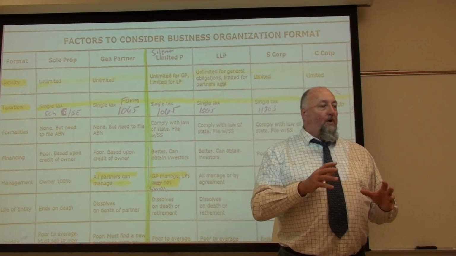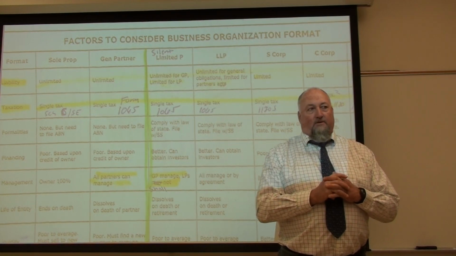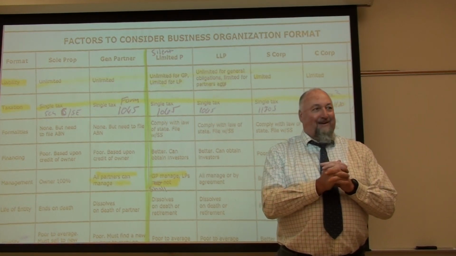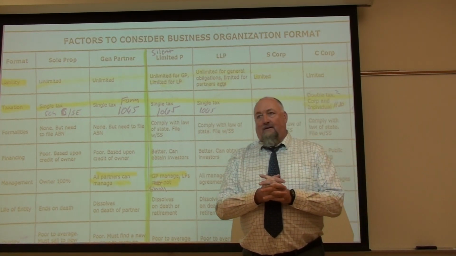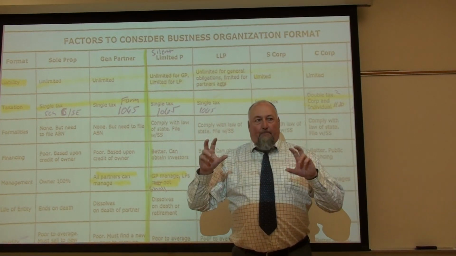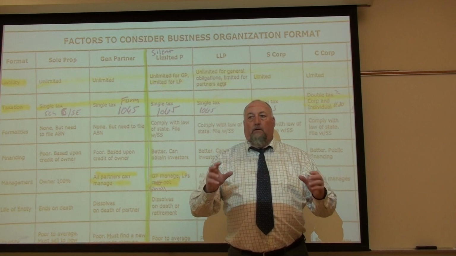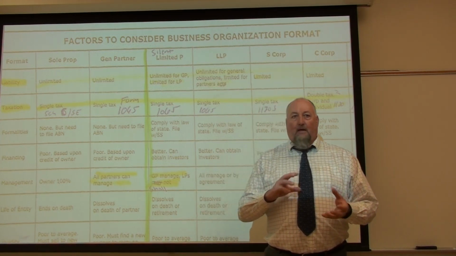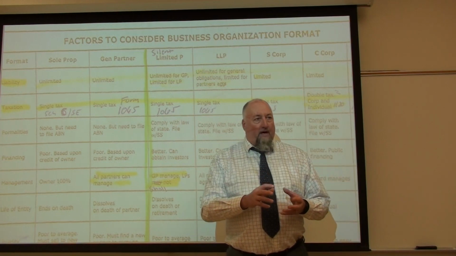Of those, which ones have full limited liability for everybody? Trick question. Which one? None. Right? No type of strict partnership has full limited liability. There's always some exposure in a partnership, regardless of the type of partnership you have.